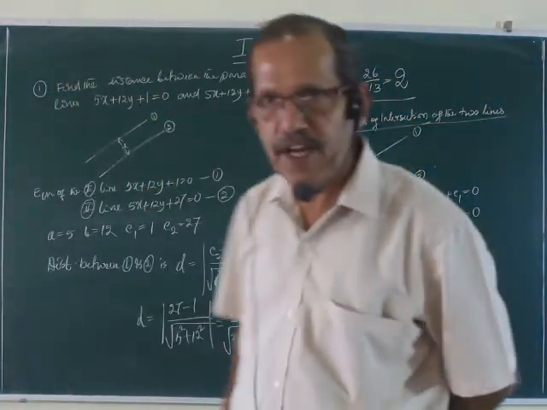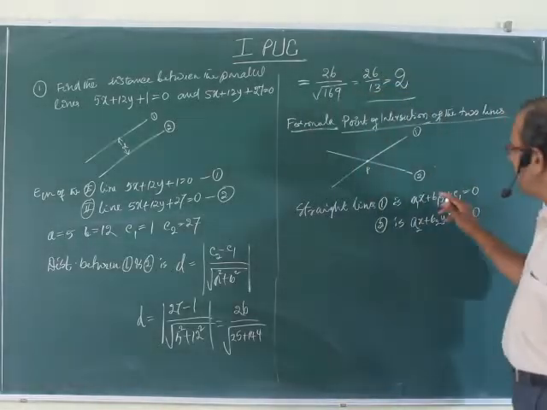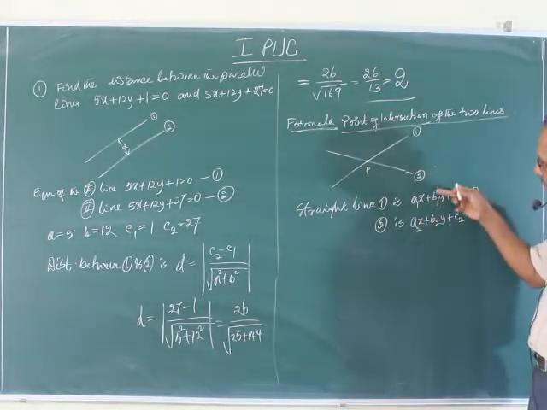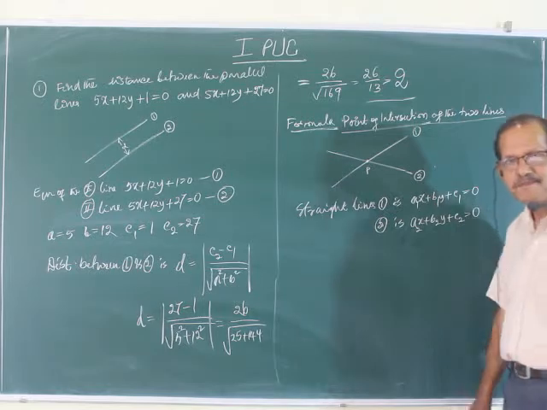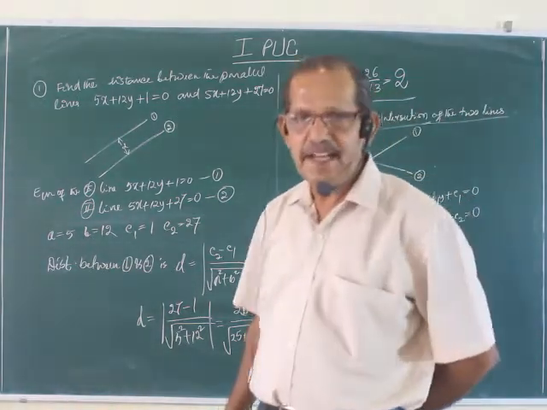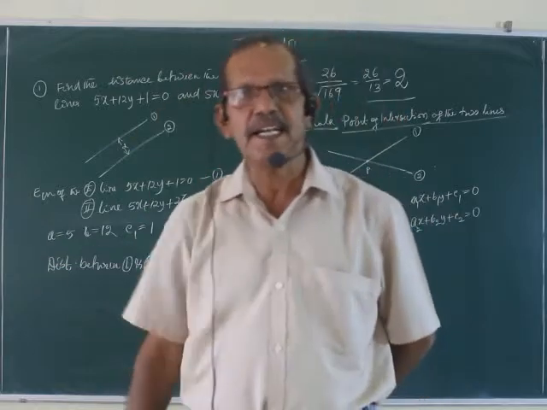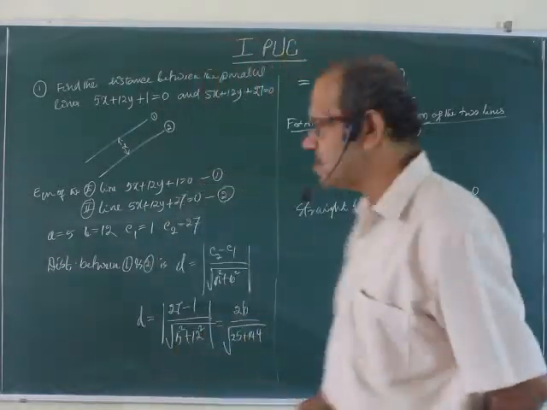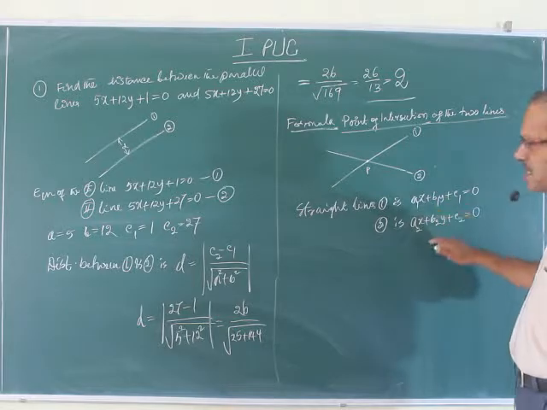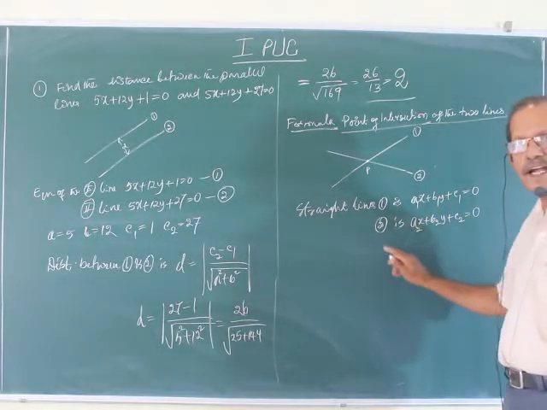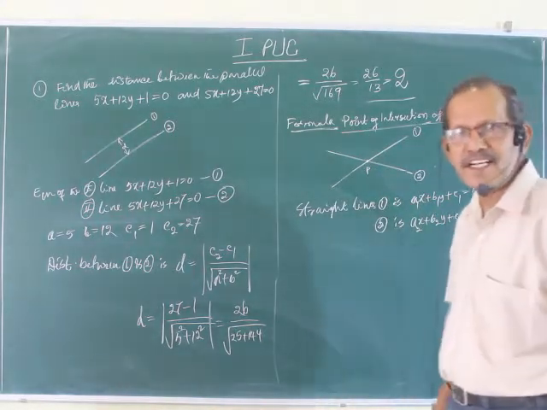So what you have to do is just find the value of x and y satisfying both the equations. It is already done in your high school class. How to solve the equation. You solve the equation, get the value of x and y, it is nothing but the point of intersection.